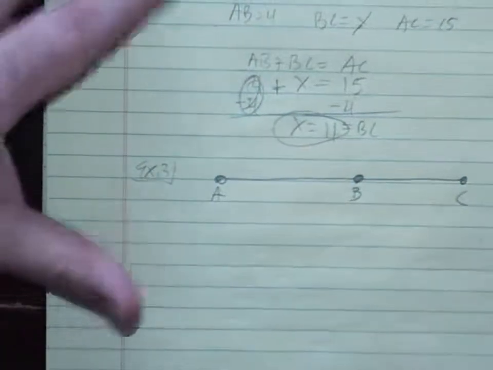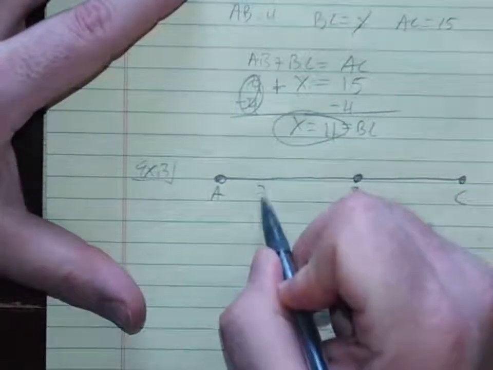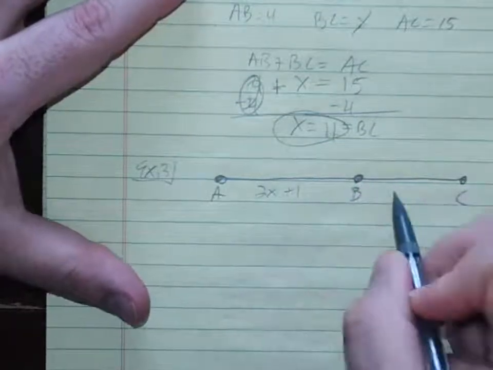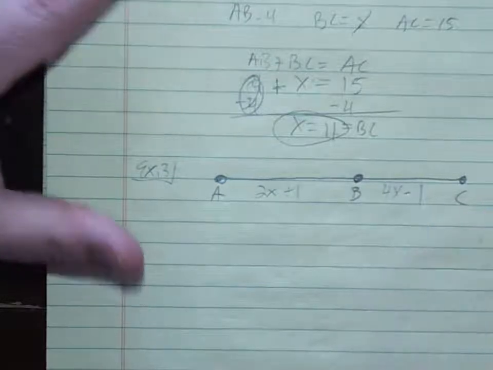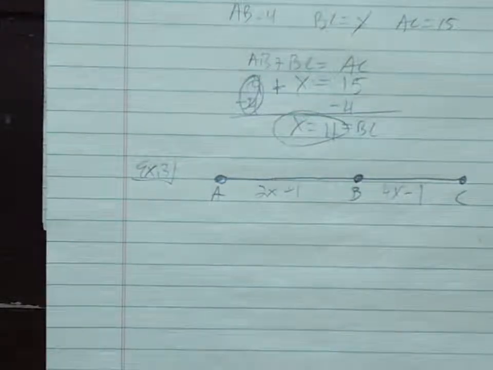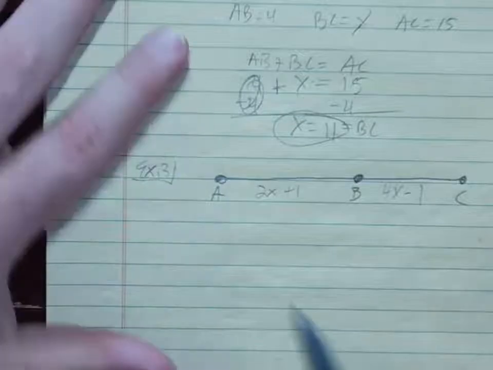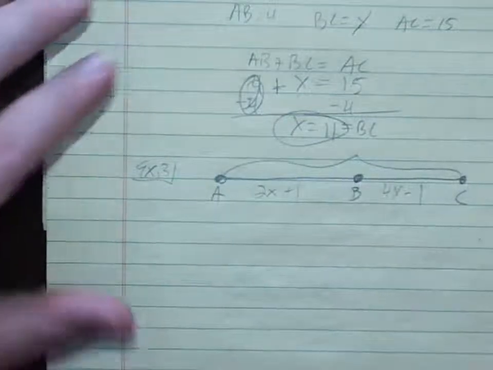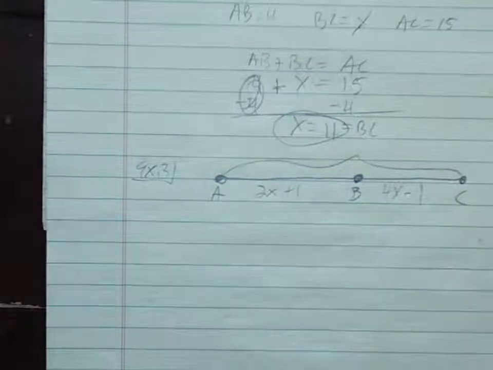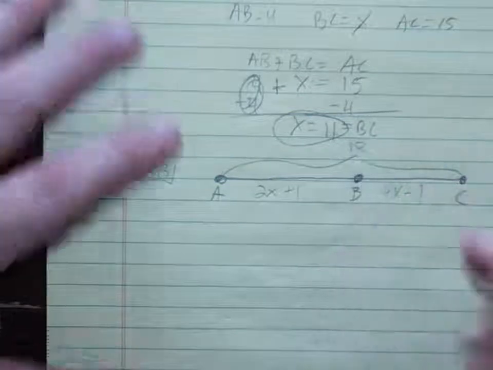Hopefully this works. Let's say that this is 2x plus 1, and this is 4x minus 1. Ooh, I like that. And then let's say that the whole thing is, I don't know, some length, 18 maybe. Here's what happens.